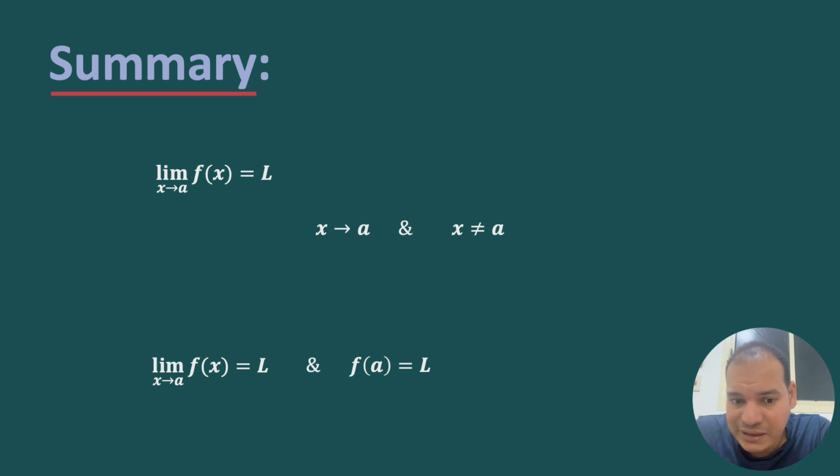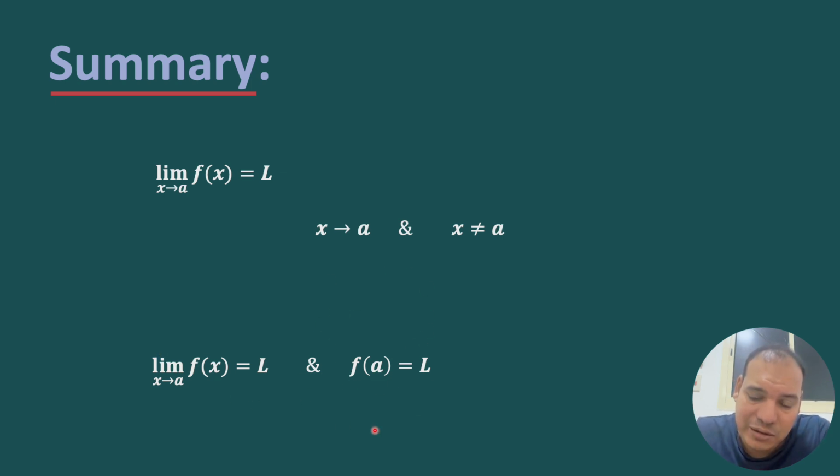The limit describes the behavior around a. Here, the value gives us the exact value of the function when x is equal to what? To a, to the given value. So again and again, the limit means the behavior of the function around a, closer to a.